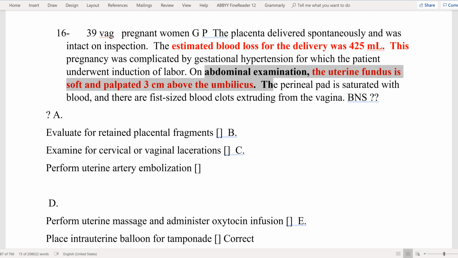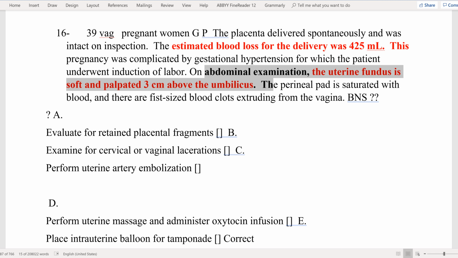That could be the thing too, or maybe abortion. So that's the trick, how they tell you in the exam. If they tell you the placenta expelled completely, then this means they're ruling out this question.